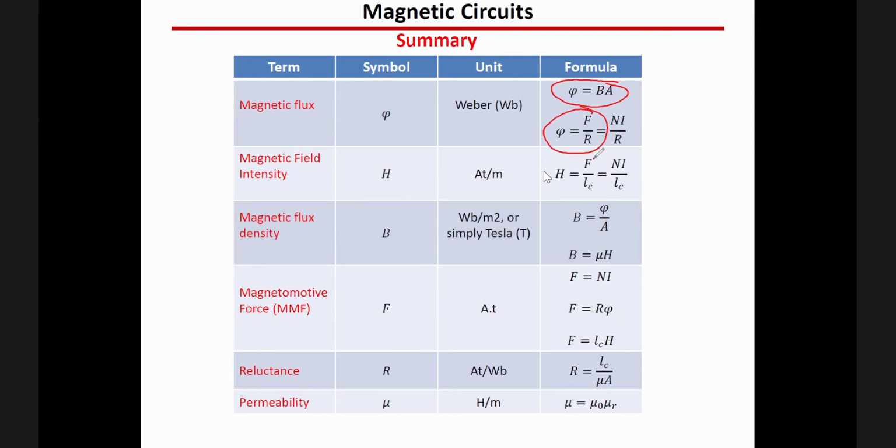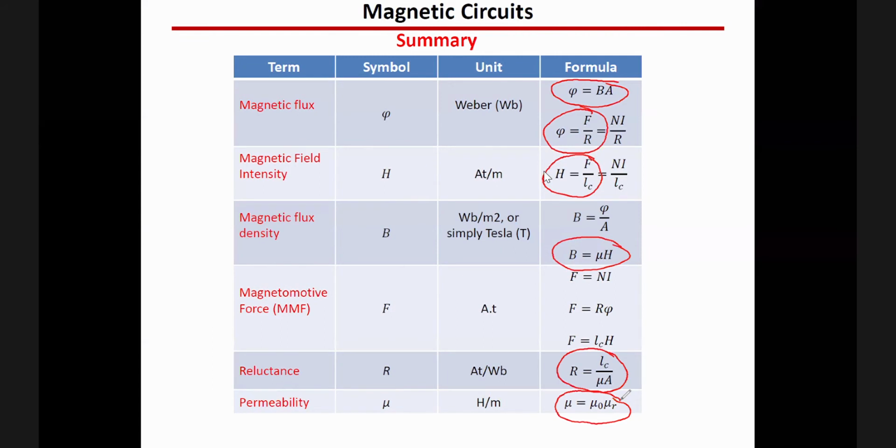H, which is the intensity, is F divided by LC, where LC is the average length. B is equal to mu H, where mu is the permeability of the material and H is the intensity, of course. R is LC divided by mu A, where mu is mu naught multiplied by mu R.